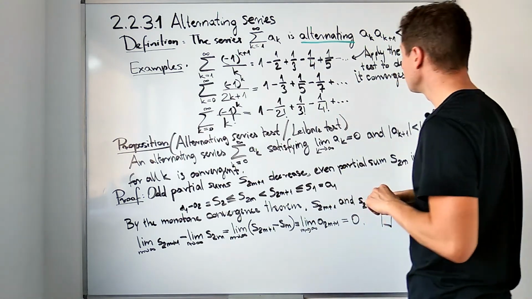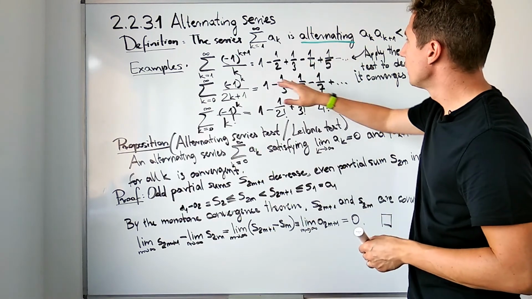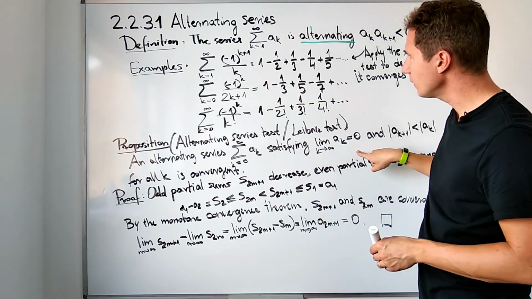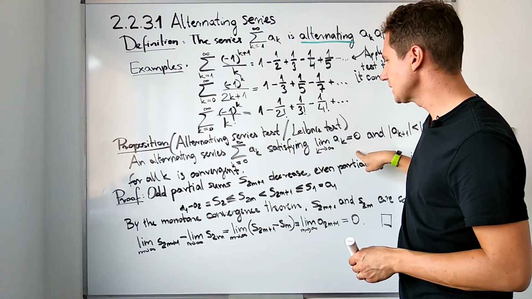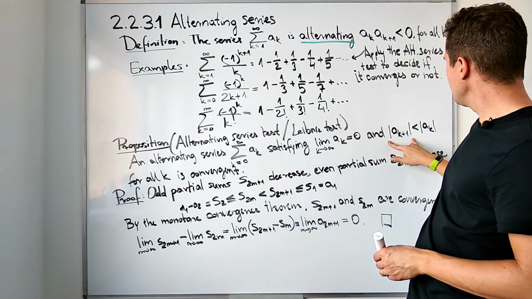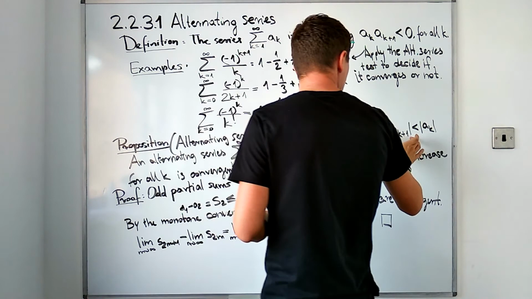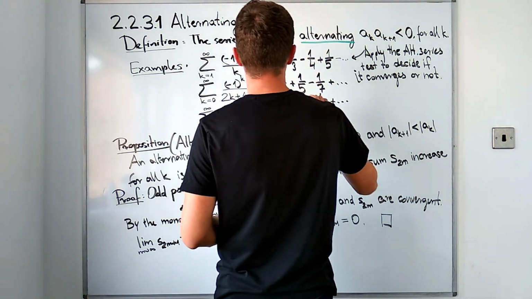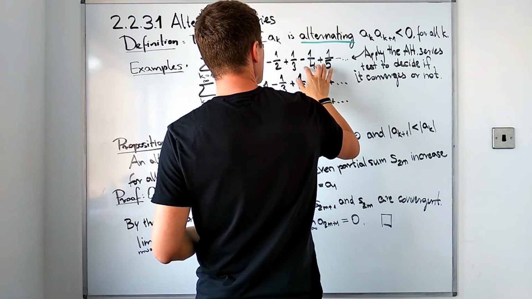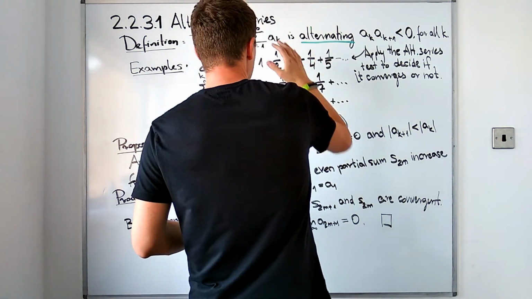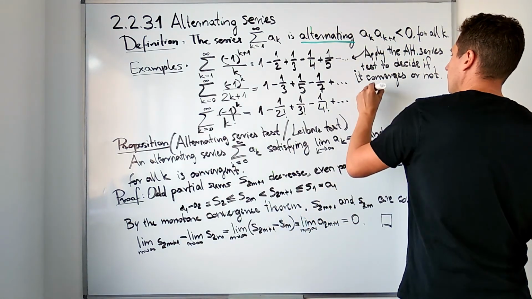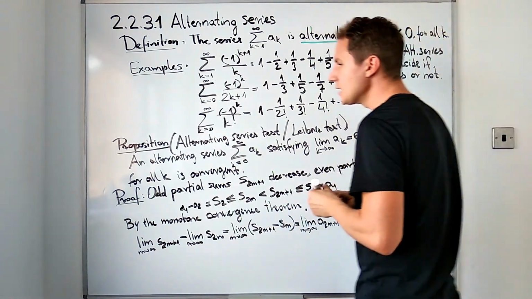Okay, I hope you paused the video and have found that, of course, the general term in the sequence will go to 0. It satisfies the vanishing test, and each term in absolute value will be strictly less than the previous one. So it does satisfy the alternating series test.